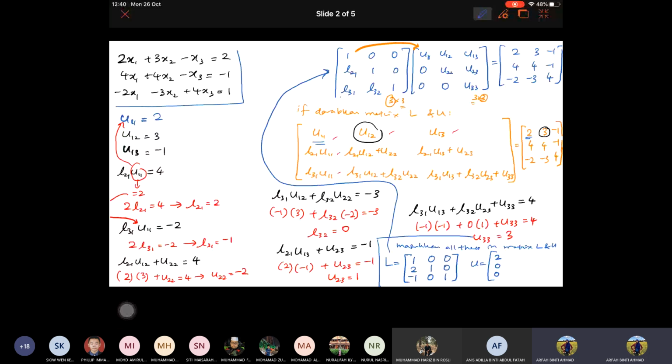And then U12 is 3. 3 U22. U22 negatif 2. Kosong. U13 is negatif 1. U23 is 1 dan U33 is 3. So dapat ini adalah matrix L awak dan juga matrix U awak.